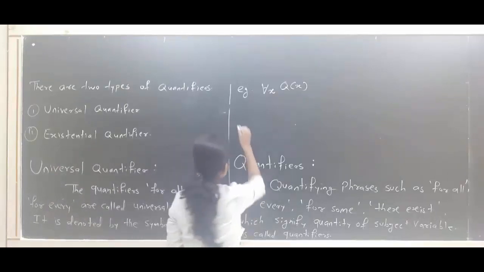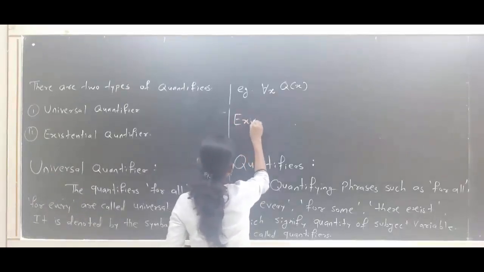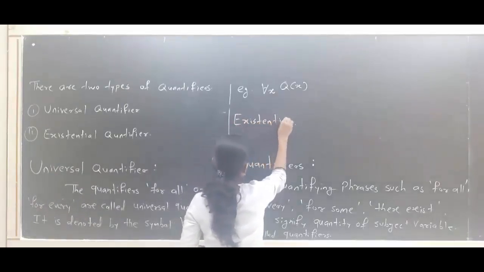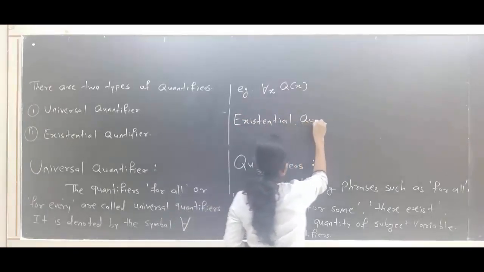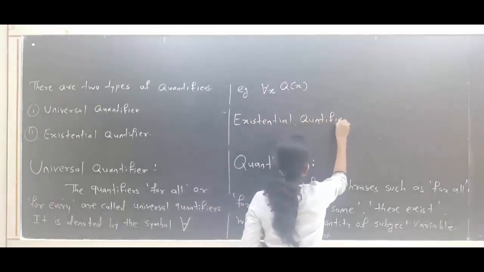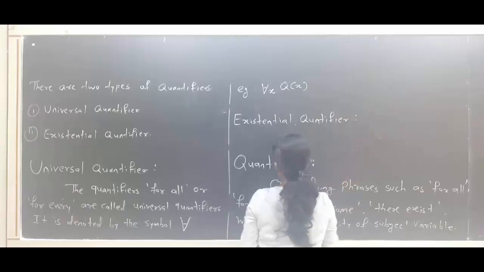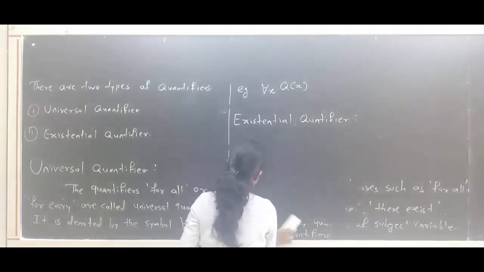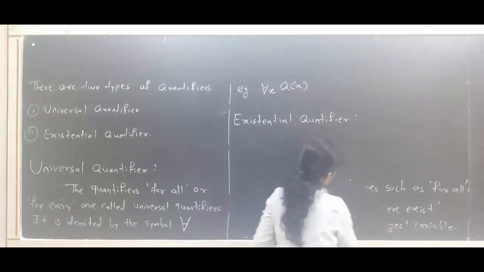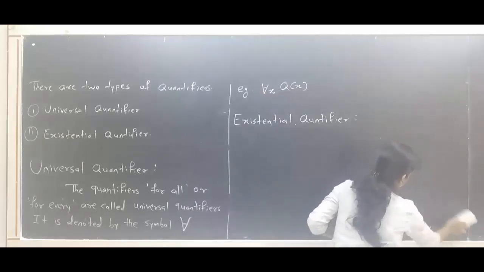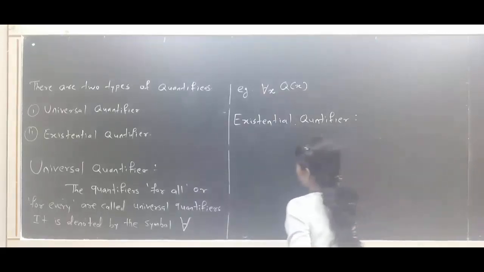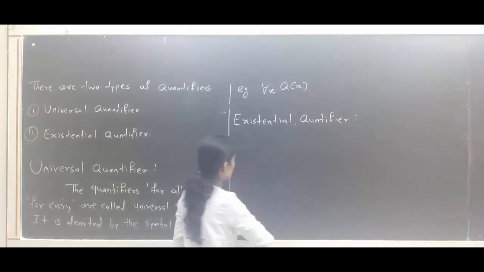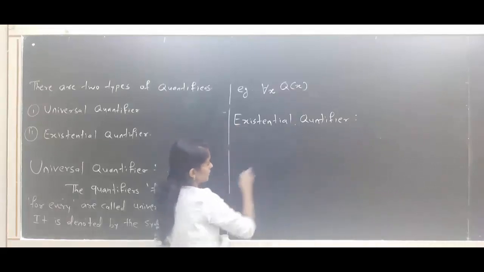Now second, existential. So existential quantifier, that means the quantifiers for some, there exist are called existential quantifier.